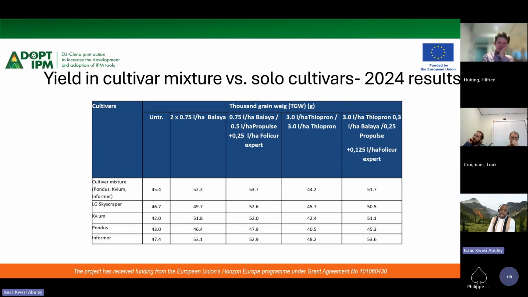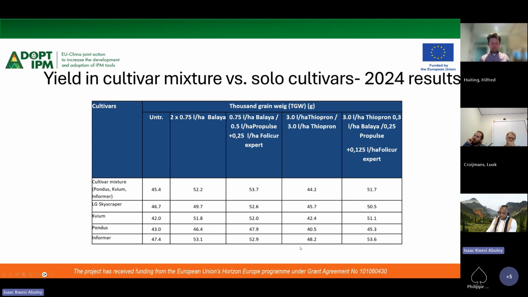Then we looked at yield, the 1,000 grain weight, which is a quality parameter. When we look at that, we also see a similar tendency. Let's start from the untreated. In the untreated, we see 45.4 grams 1,000 grain weight, which is generally higher than most of the varieties, except for Informa, which is a very resistant variety.